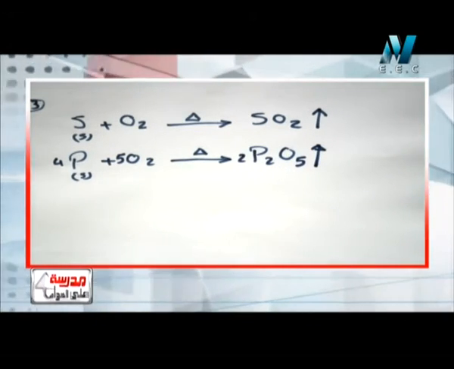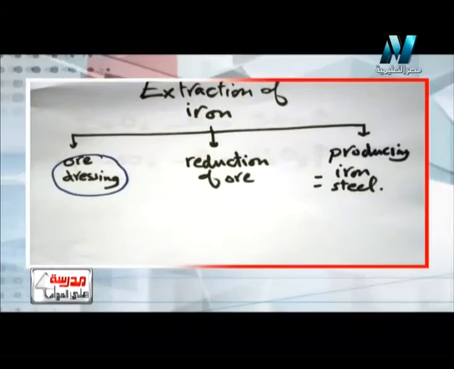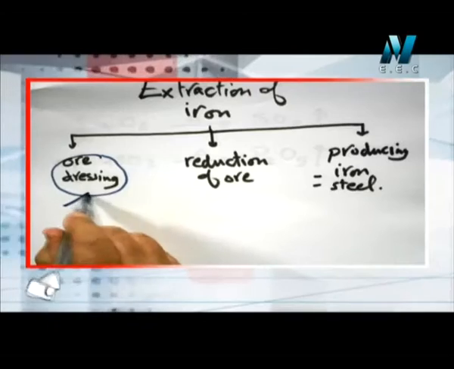So the first step, as we said before, in the extraction of iron is the ore dressing. Ore dressing means improving the chemical, physical, and mechanical properties of the ore. Ore dressing has two steps.